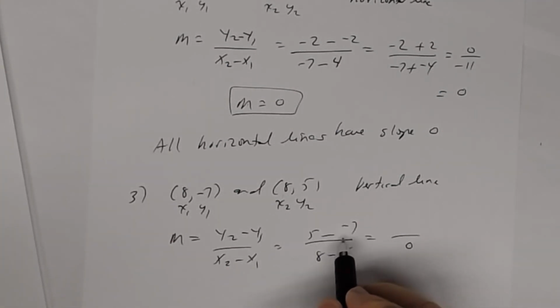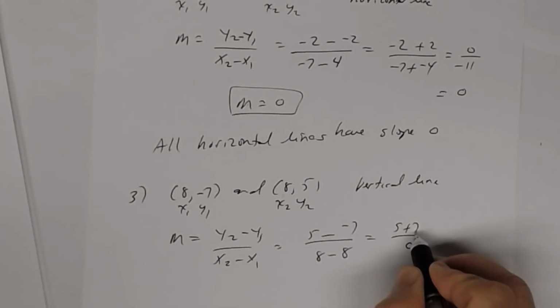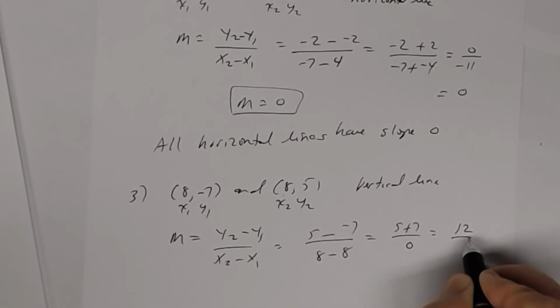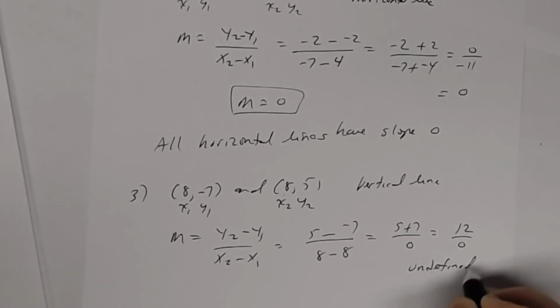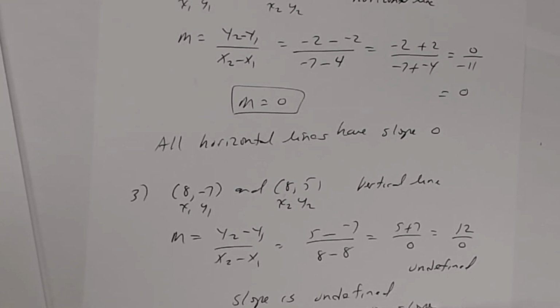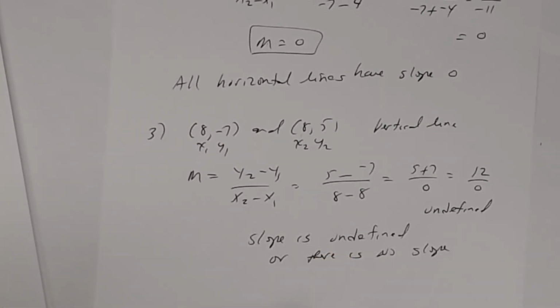In the numerator, you have 5 plus the opposite of negative 7, so it's 5 plus 7, which is 12. And 12 divided by 0 is undefined. So we say the slope is undefined, or we can say there is no slope.